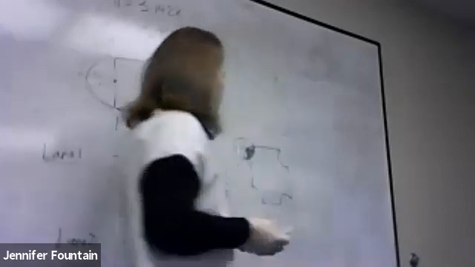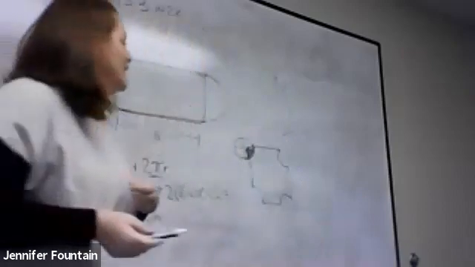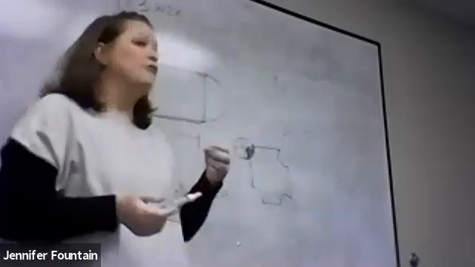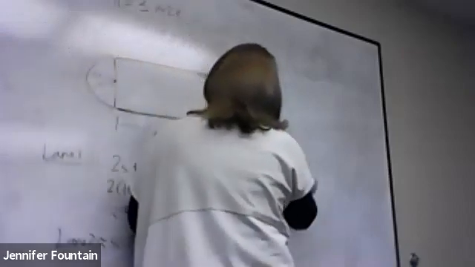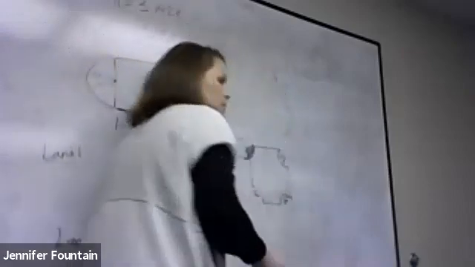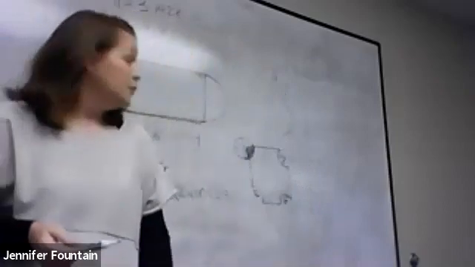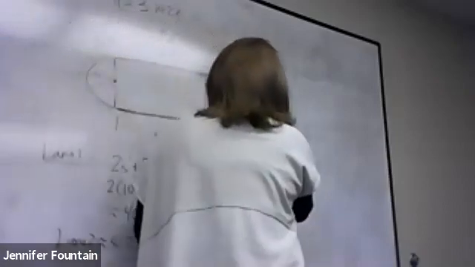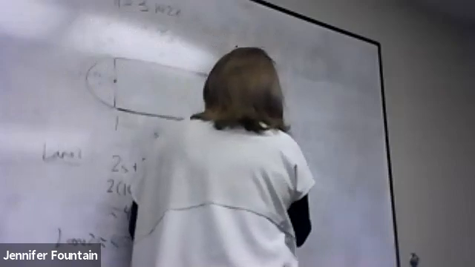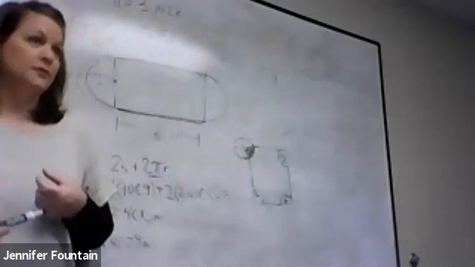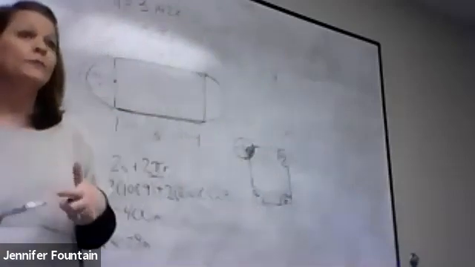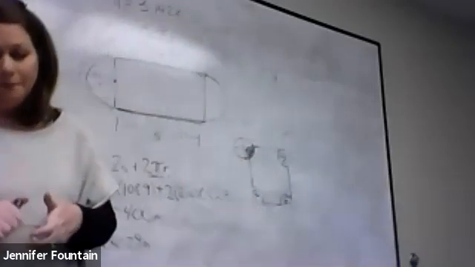So each corner is missing a fourth of the circle. So what if I put all 4 of these together? What is it going to make? A whole circle. So in this one, I'm going to have to find my whole entire distance, but then I'm going to have to subtract the circumference because it's missing.